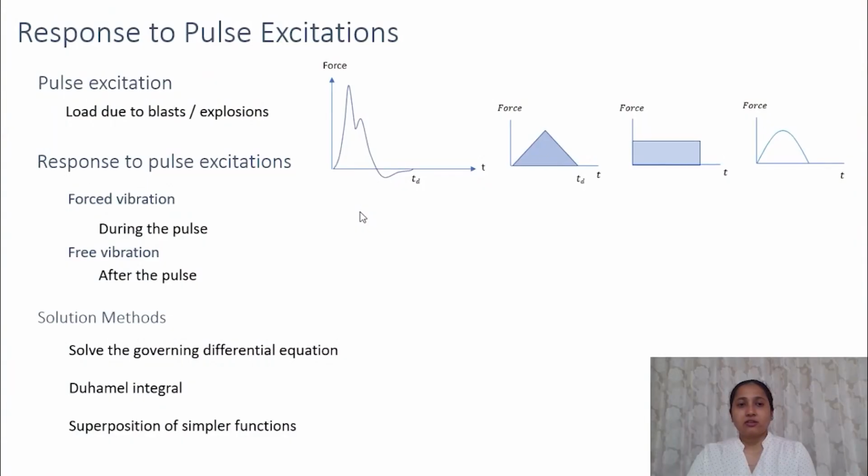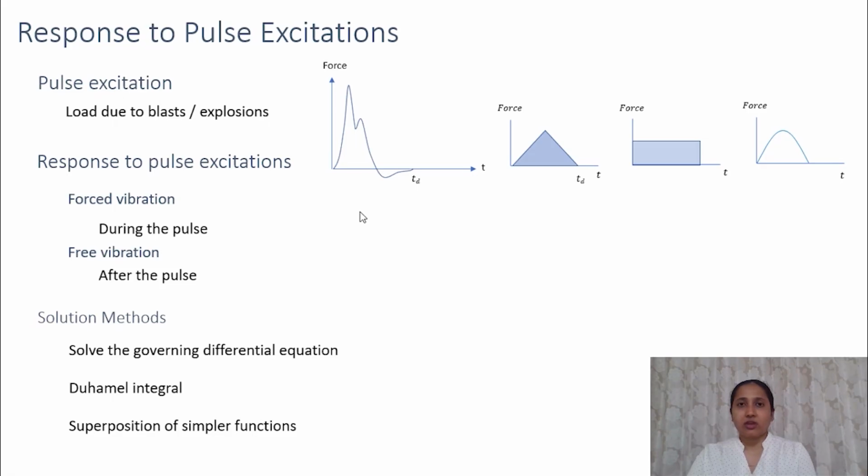So far, we have learned different methods to find the response of a single degree of freedom system under various types of forcing functions. We have learned to solve the differential equation, that is the equation of motion of the system, and find the response.